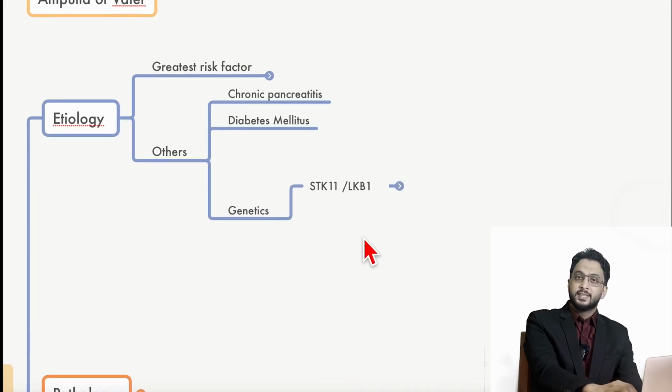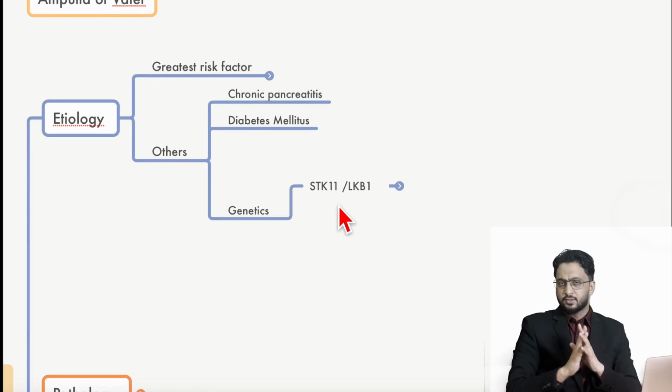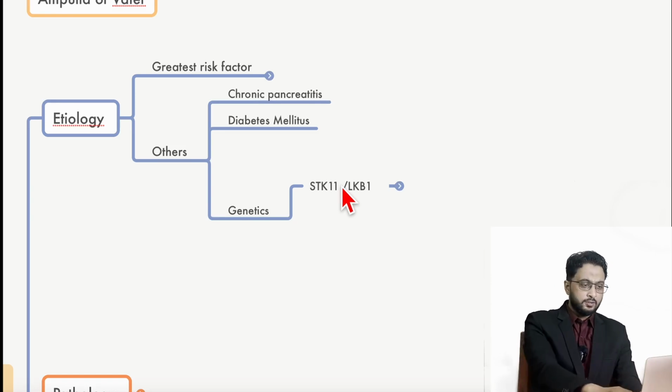Now, the key gene involved here, there is a list of genes, I'll come to that later on, but one gene they specifically say is very dangerous is STK11 or LKB1. I know many of you will be thinking, I've seen this somewhere.